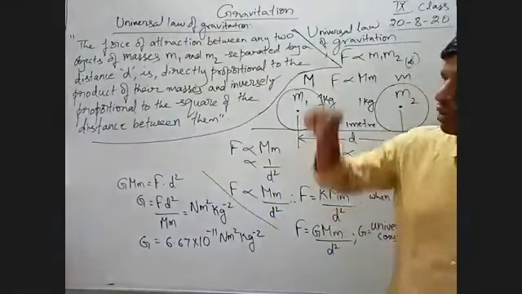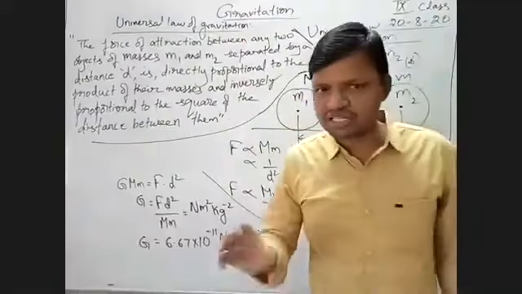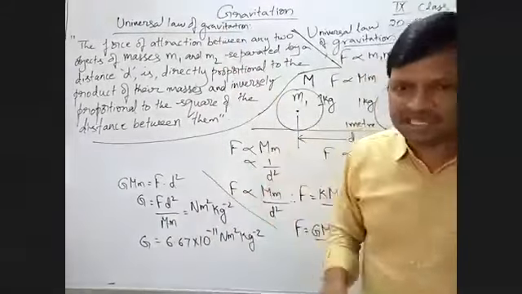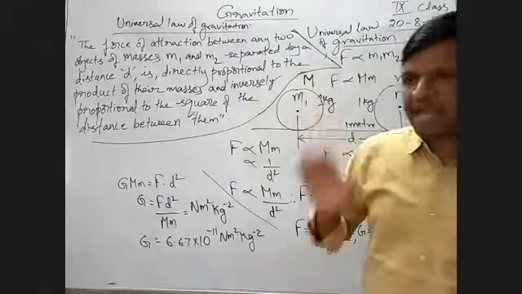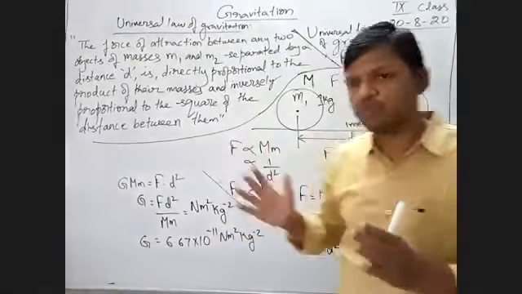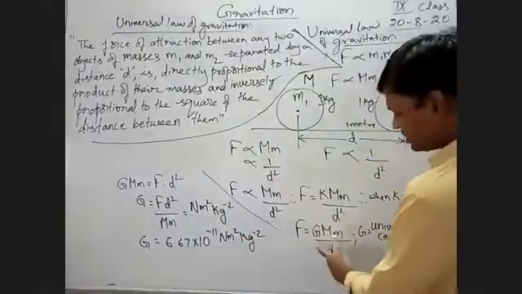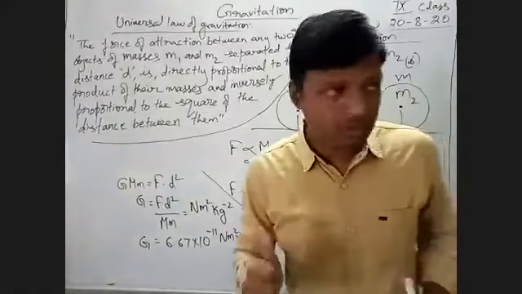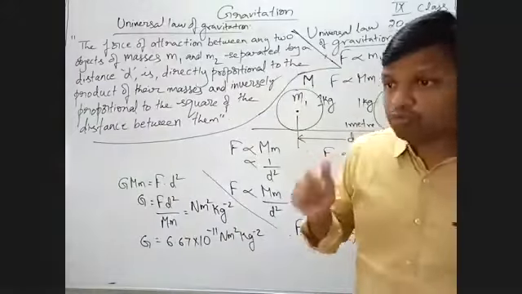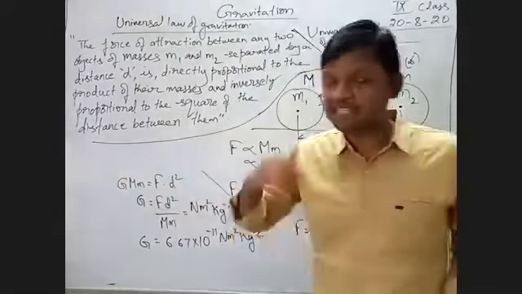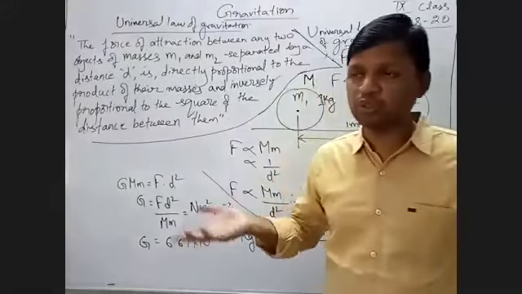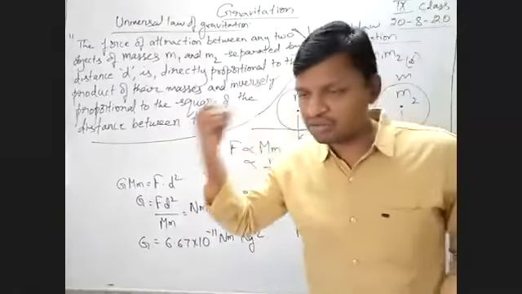So what does it tell us? It tells us the magnitude, that means how much. See, F is equal to G m1 m2 by d square. So it is telling us how much force of attraction is present between any two objects of masses m1 and m2 separated by some particular distance d.